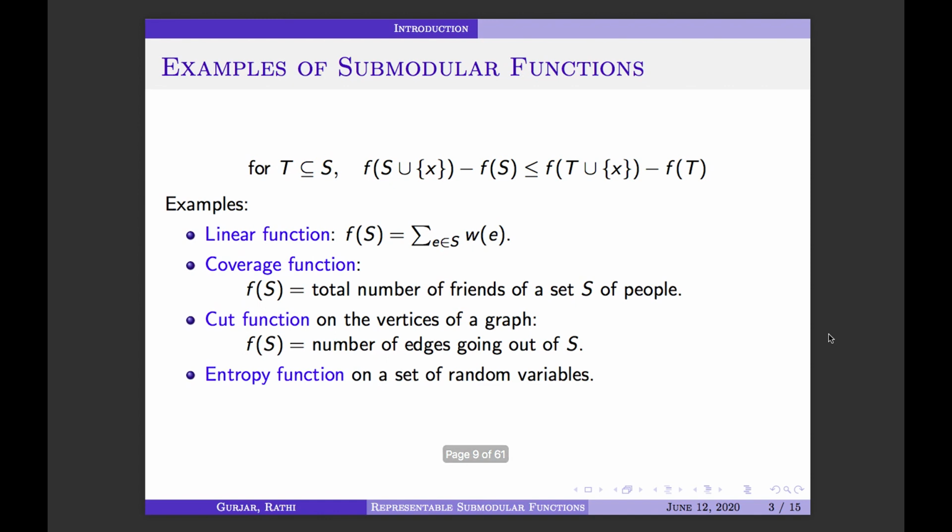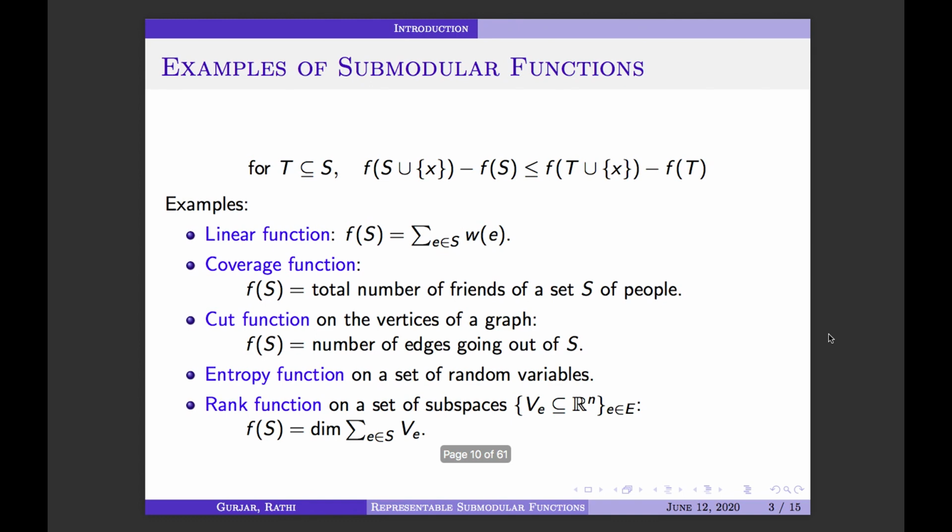Another example is, on a set of random variables, you can consider the entropy function, which turns out to be submodular. And the last example is the rank function on a set of subspaces. Here for the ground set E, for every element in the ground set, you have a corresponding subspace V_e.